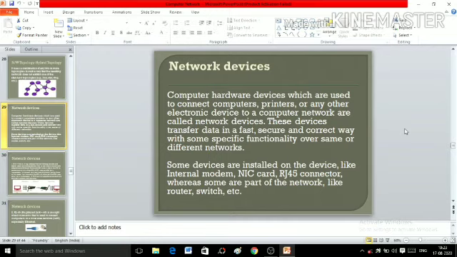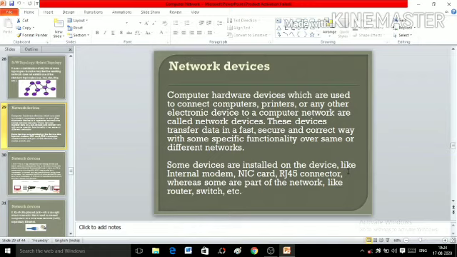Internal devices are the devices which are installed inside the device, like internal modems, NIC cards or RJ45 connectors. Whereas the external networking devices will be the part of the network, like routers, switches, hub, etc. It means internal networking devices are present within the device.